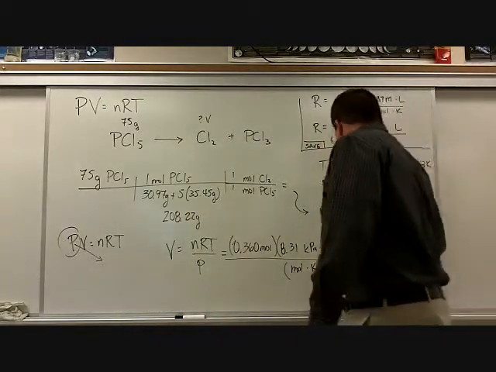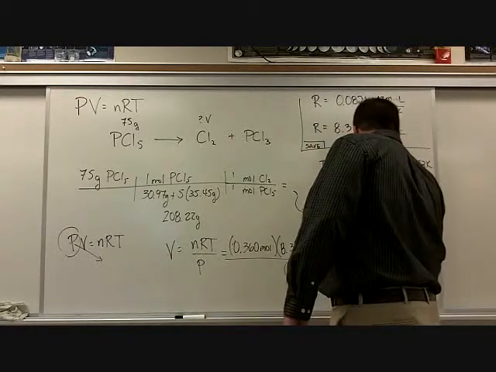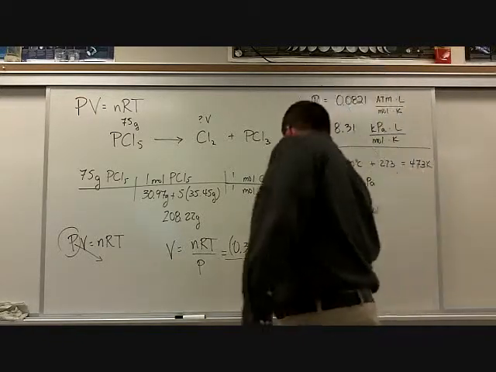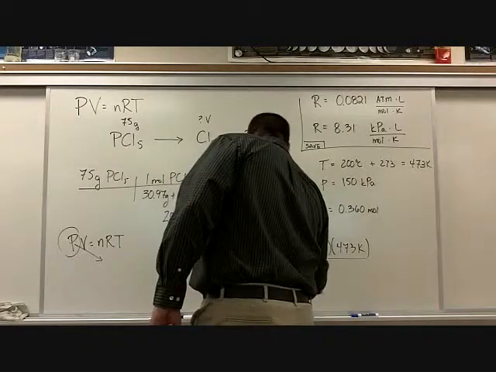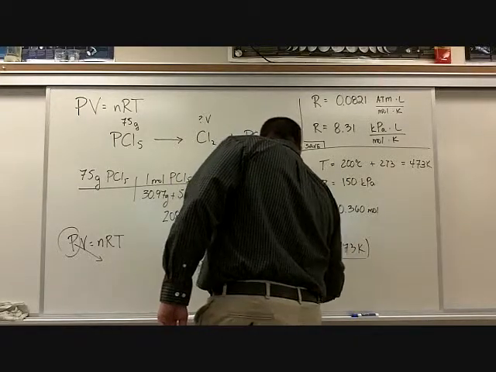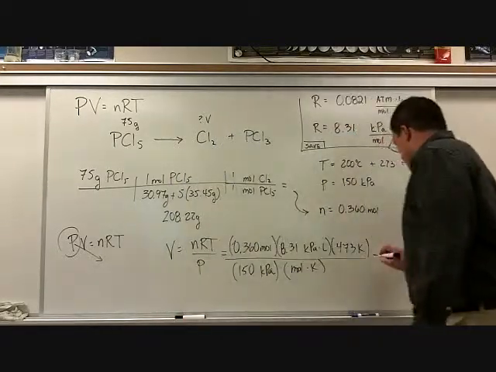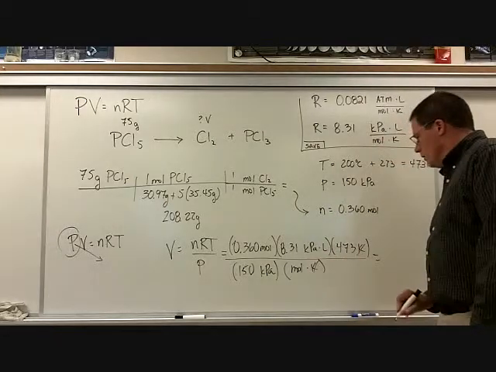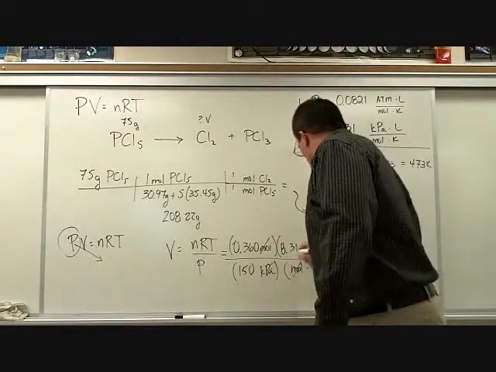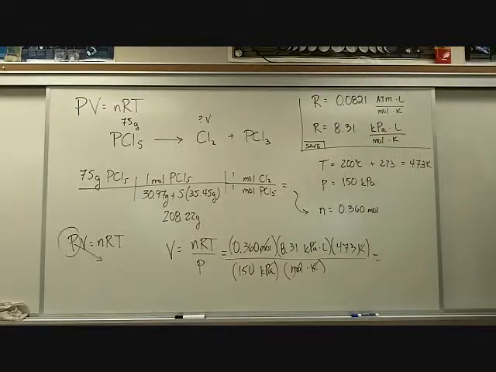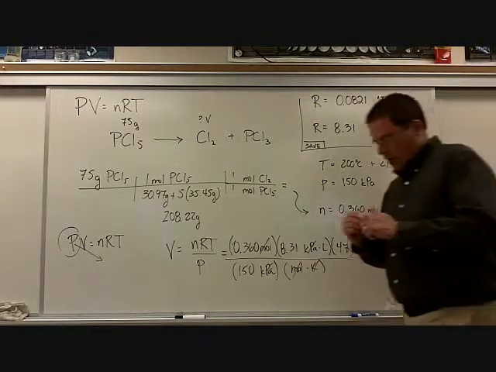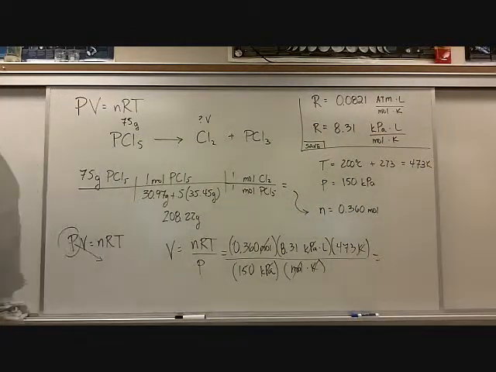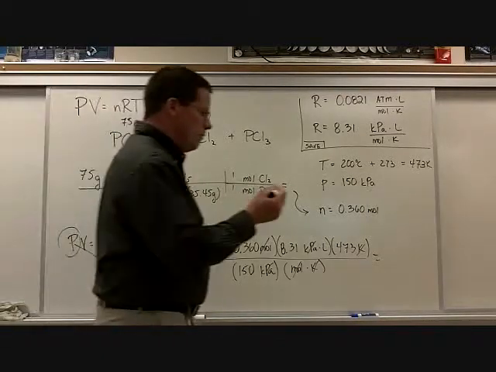Temperature, we did 473. Pressure was 150. So Kelvins are gone, moles are gone, kPa gone, we're left with liters. So at least the units are set up correctly. So around 9.44 ish.